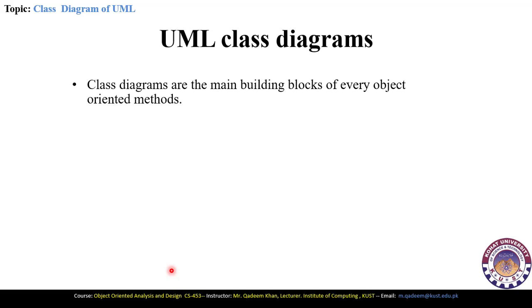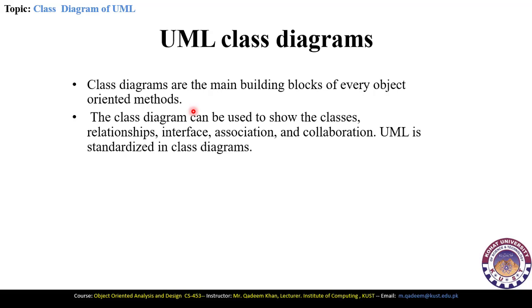Now, what is a class diagram? Basically, a class diagram is an important aspect of object-oriented analysis and design, in which we model the class objects in a diagrammatic representation. So class diagrams are the main building blocks of every object-oriented method, because the class diagram provides us a close relationship of the designs with the code using the classes and objects.